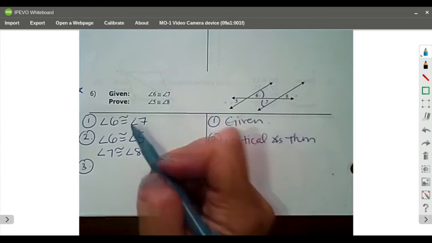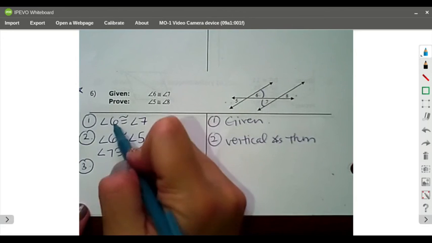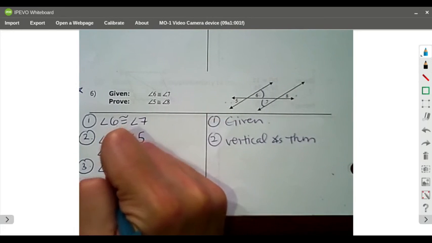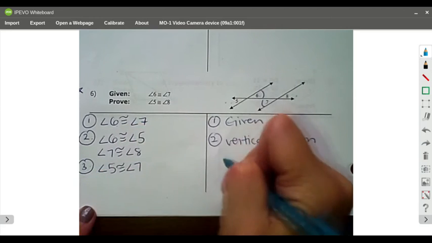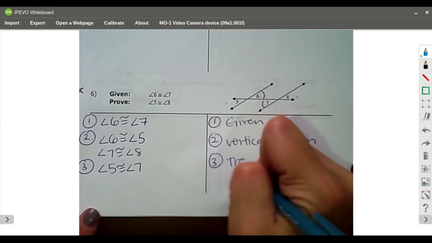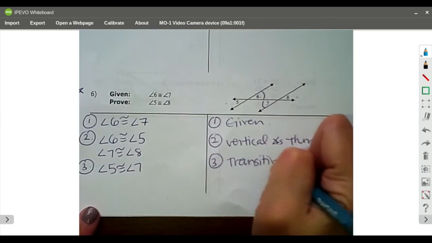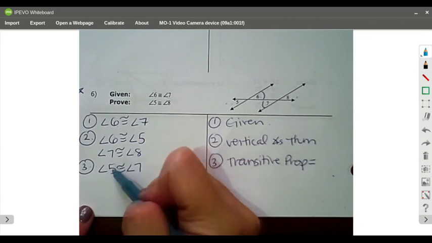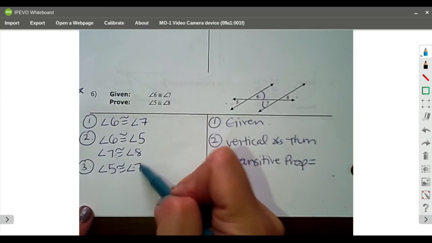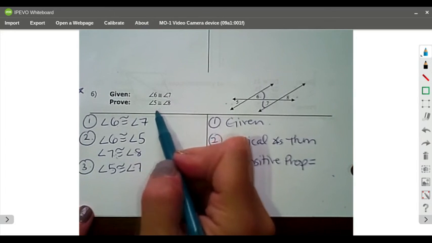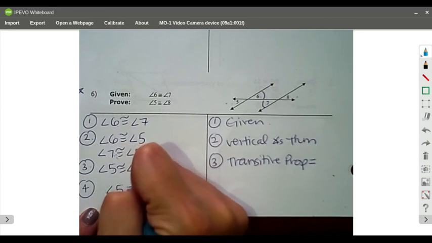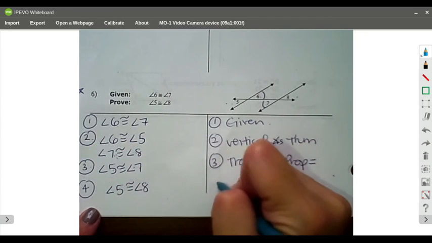Notice that 7 and 5 are both congruent to 6. So now they can be congruent to each other. And that's transitive. Okay. Now 5 and 8 are both congruent to 7. We're trying to show that they're congruent to each other, which we can do now by transitive again.